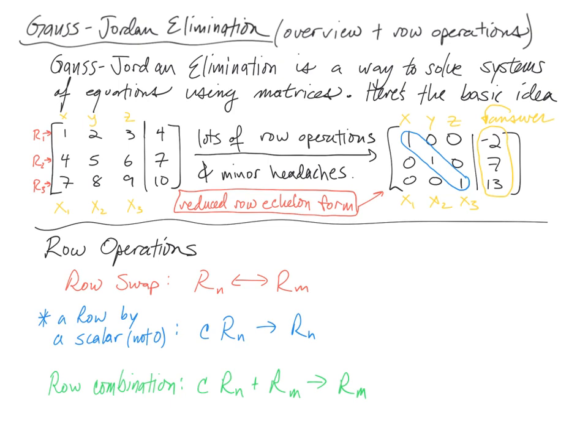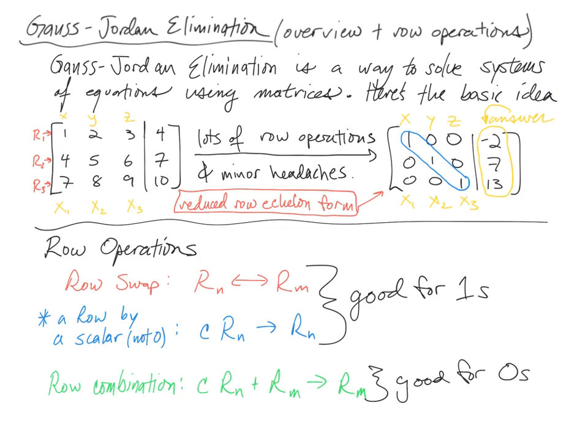So I'm going to stop talking about them for now, except for one more thing here. These row operations are good for ones, and you'll notice again that ones are very important in matrices. And this last row operation is good for zeros, and again, zeros are going to be very important to get in our matrix. So knowing how to get ones and zeros will be very helpful here.